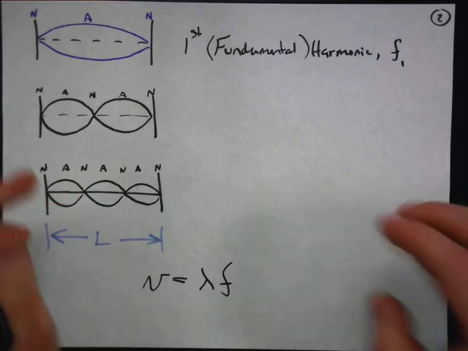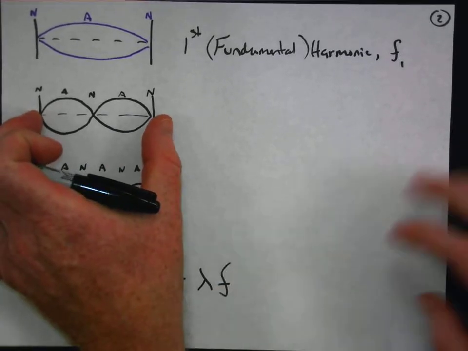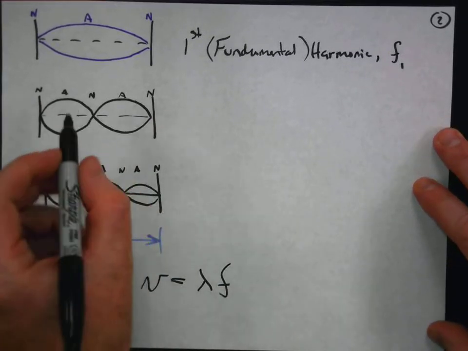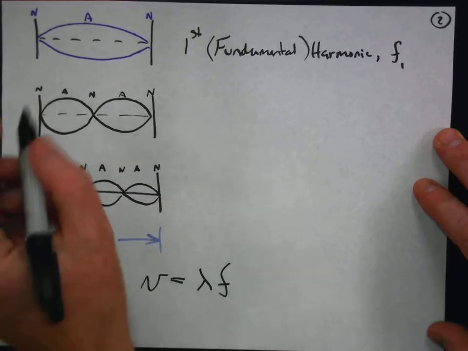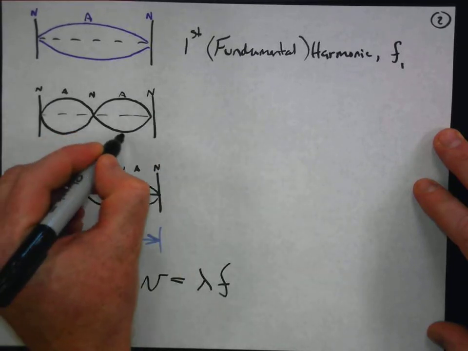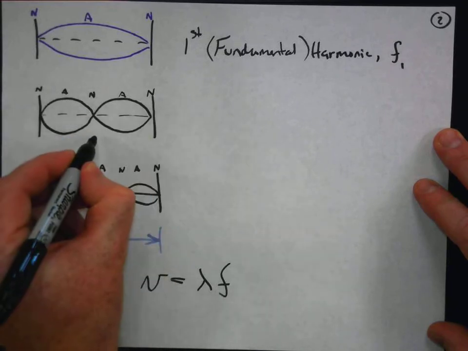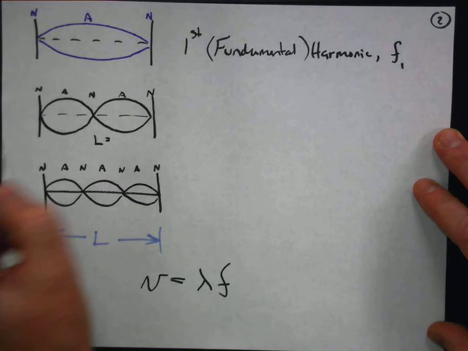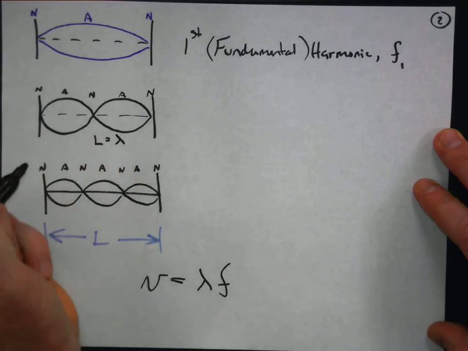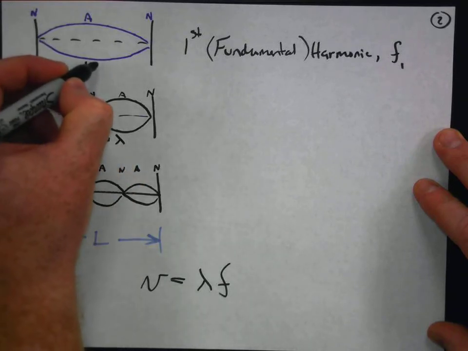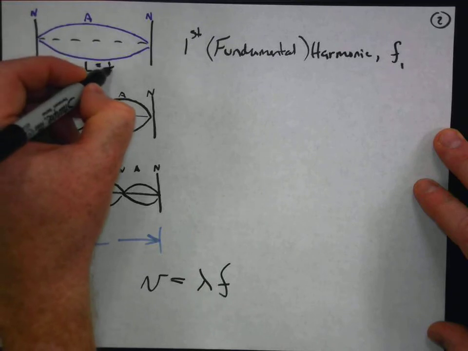This is the next possible wavelength where we see L equal to, well, it looks like a crest and a trough and one complete cycle. So here we see that L is equal to wavelength, whereas here we saw L is equal to 1/2 wavelength, right?